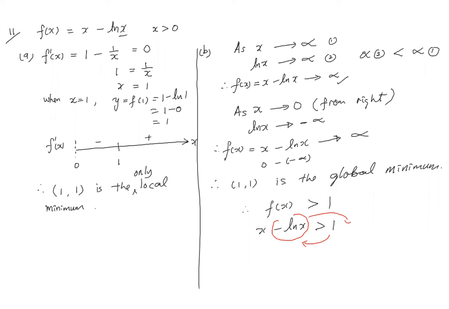So it becomes x minus 1 is greater than ln x. So therefore, ln x, with an equal sign, is less than or equal to x minus 1. Proven. Are you okay?